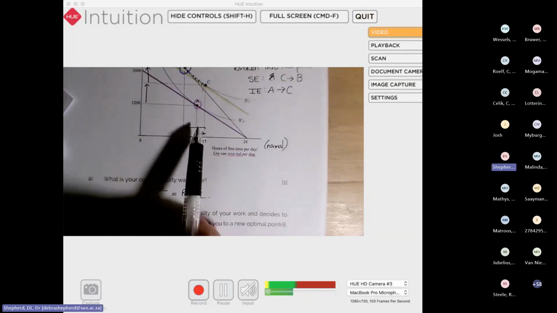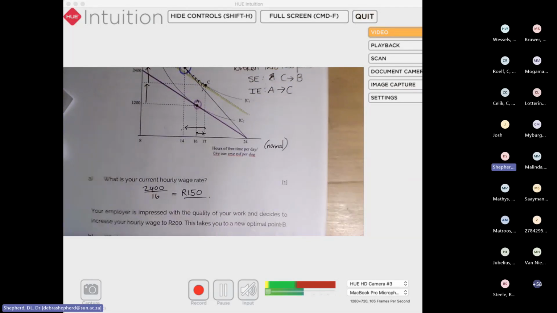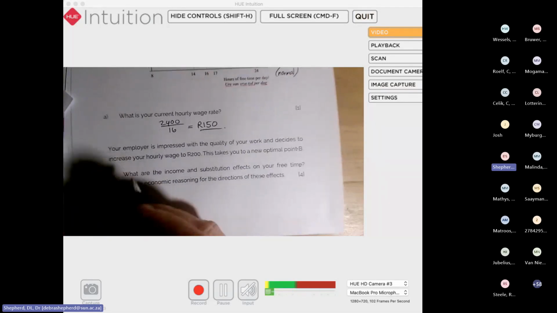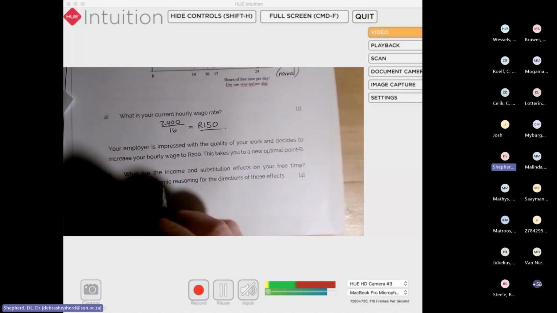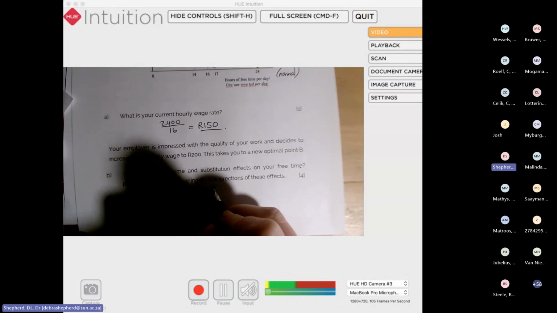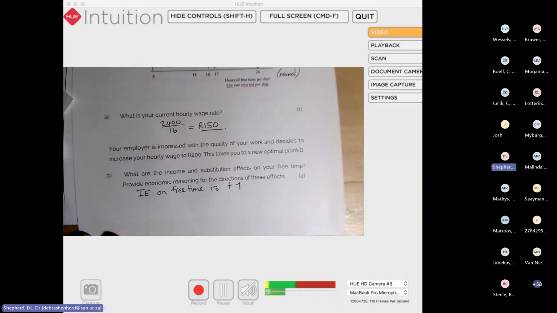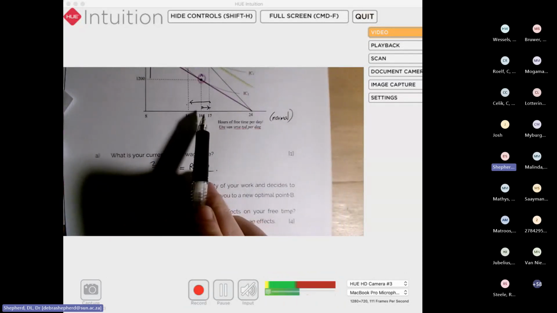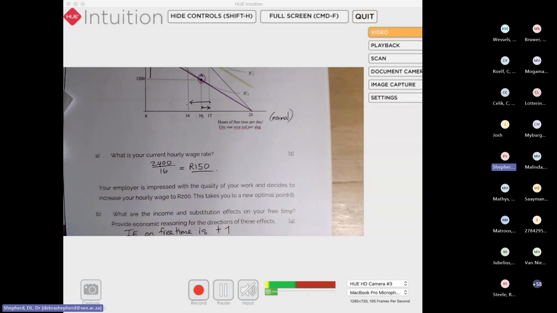So if I look at the picture, the income effect on free time is plus 1 hour. I'm moving from 16 to 17 hours of free time.